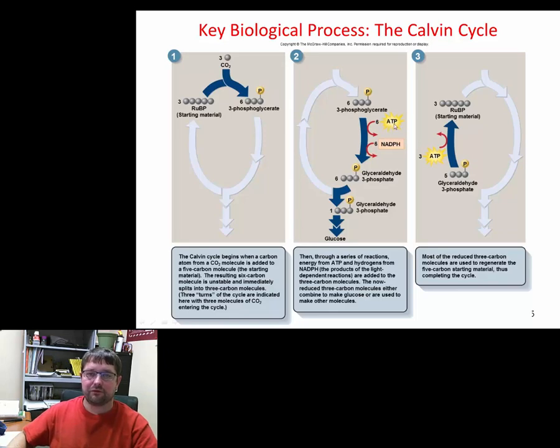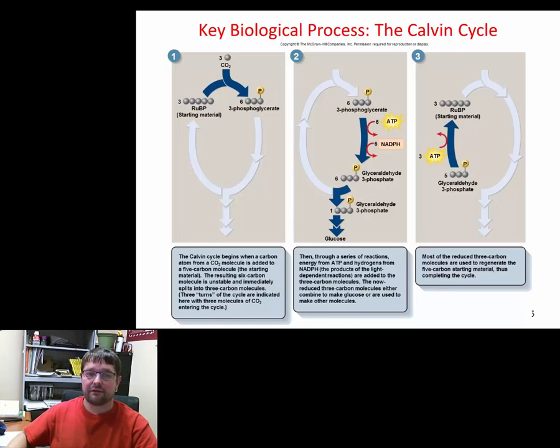That's where ATP comes in. ATP is going to phosphorylate this molecule, so it's going to supply energy to break bonds, reform bonds, etc. NADPH is going to add electrons needed. And so you're going to create 6 molecules of glyceraldehyde 3-phosphate. That is the building block of glucose.